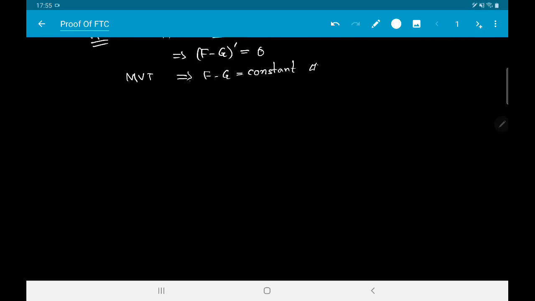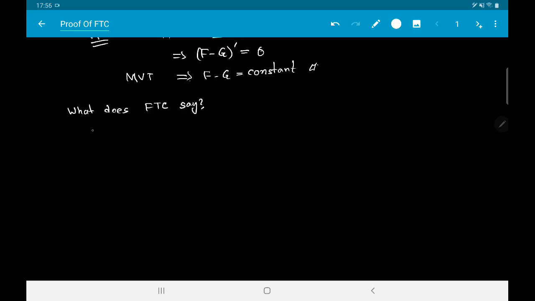Okay, so last but not the least, let us try to summarize what FTC says. So what does our fundamental theorem of calculus say?